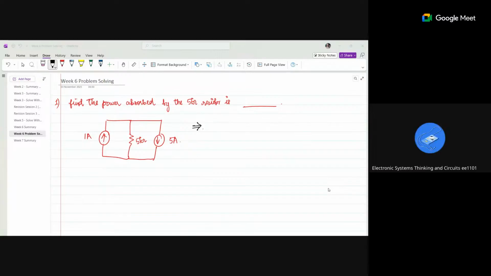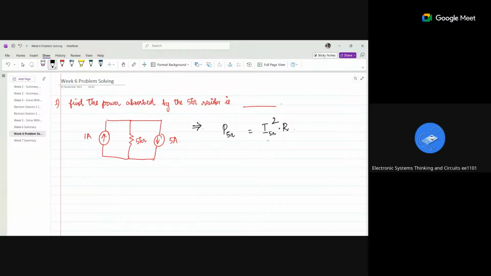Why is it minus 80? No, it will be plus 80. Yes, the answer is plus 80 watts. We have to find the power absorbed by the 5 kilo ohm resistor, so it is the current through the 5 kilo ohm resistor squared into R. 80 kilowatt. Yes.